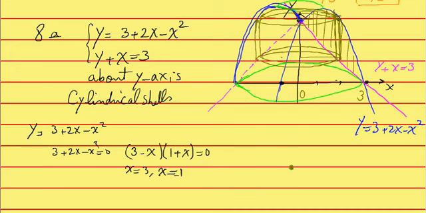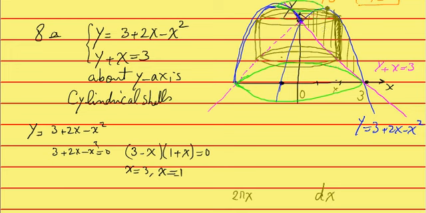The width of this thing is going to be dx. The radius is just x. If you start the strip here at x, the radius is x, so the circumference is going to be 2 pi x, times the height. What's the height?